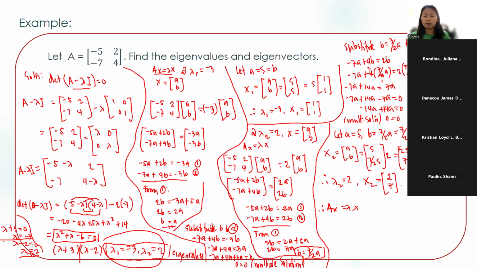So, we have our eigenvalues and their corresponding eigenvectors. First eigenvalue is this one, eigenvalue and eigenvector. And then this is your second eigenvalue and eigenvector.